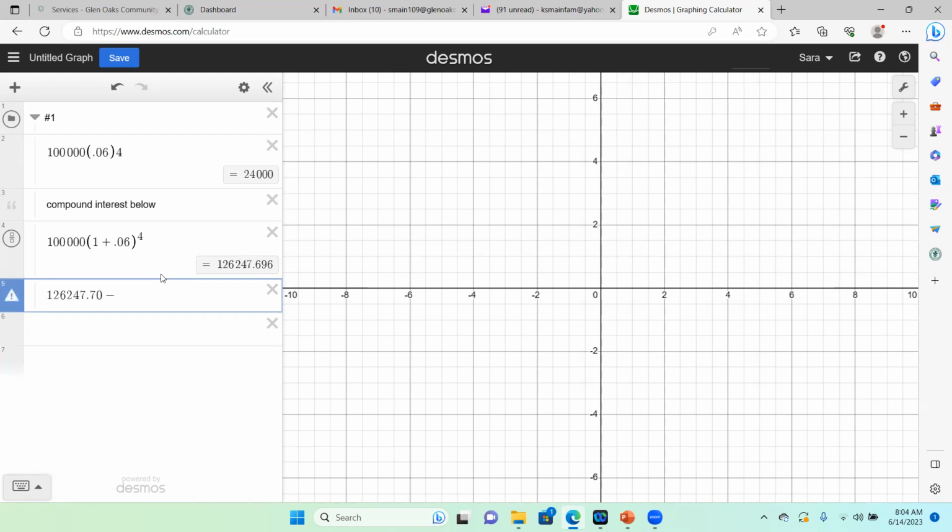And then if we subtract away the original 100,000, you can see that the interest after that 4 years is equal to 26,247 and 70 cents.